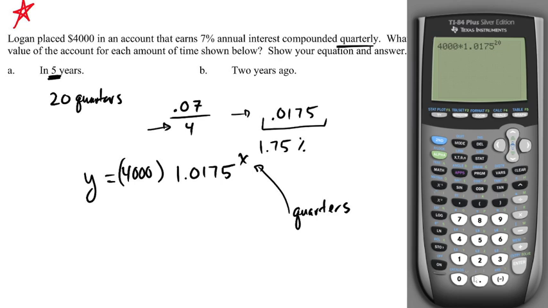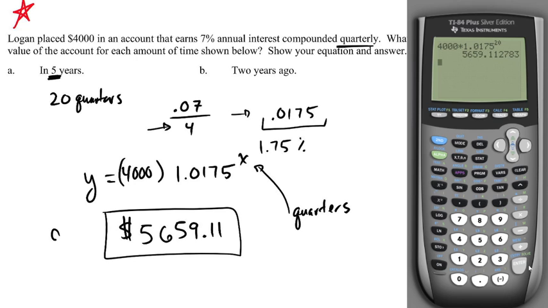And the reason why it's 20 is because it's 4 quarters, right? So to the 20th power. And I get that in 5 years, the balance should be $5,659 and just 11 cents. Okay, so this is my answer for A.